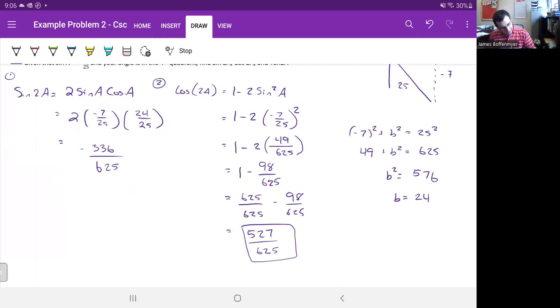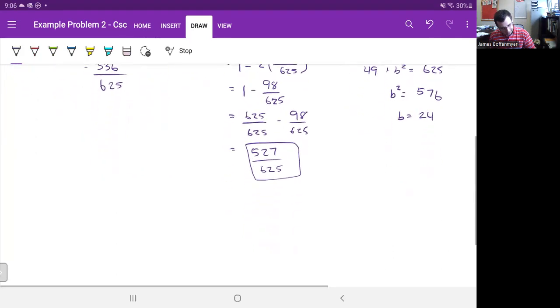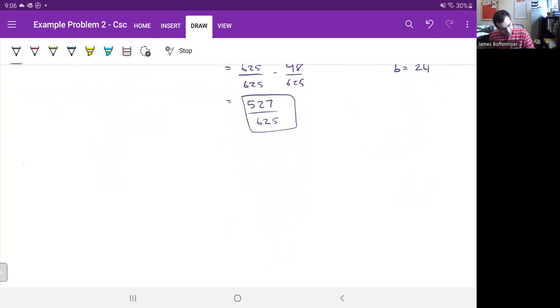All right. Now let's look at the tangent one. Tangent of 2a is 2 times tangent of a over 1 minus tangent squared of a.